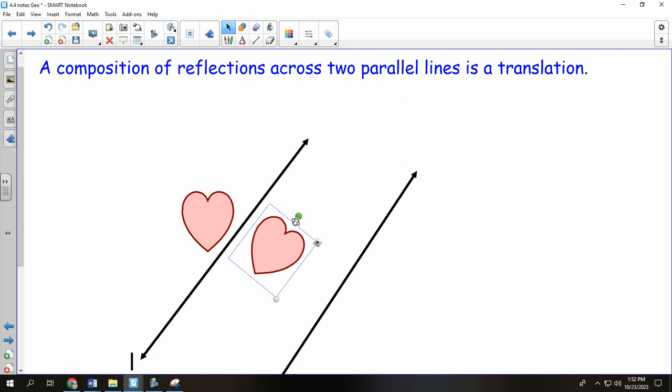So we reflect this heart. Distance is preserved.